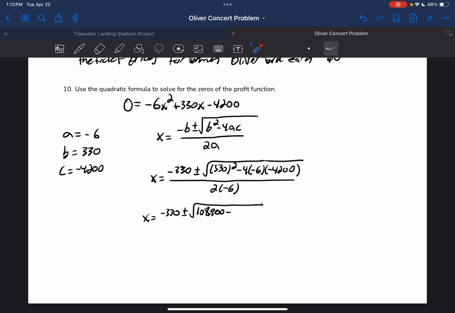That's going to give us 100,800. All of that over negative 12.